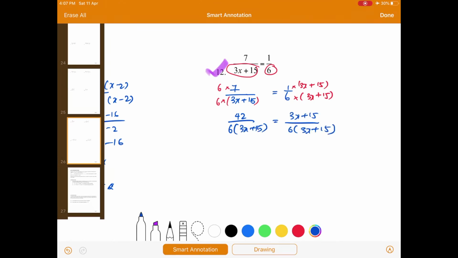It is not necessary to expand the denominator, because since the two denominators are the same, it implies that the numerators are equivalent. So we can subtract 15 on both sides, and we get 27 is equivalent to 3x. So to get 1x, you have to divide by 3 on both sides. So 27 divided by 3 is 9. So x is equivalent to 9.